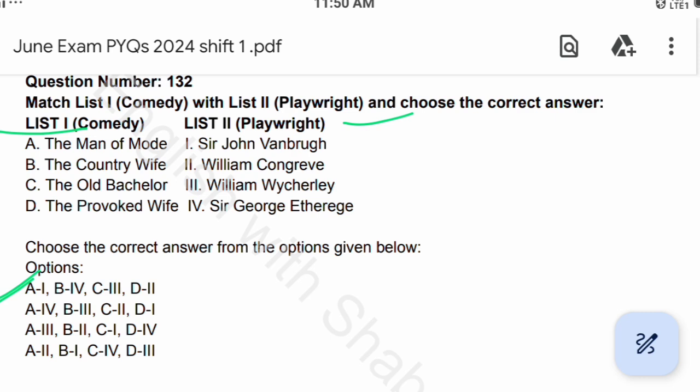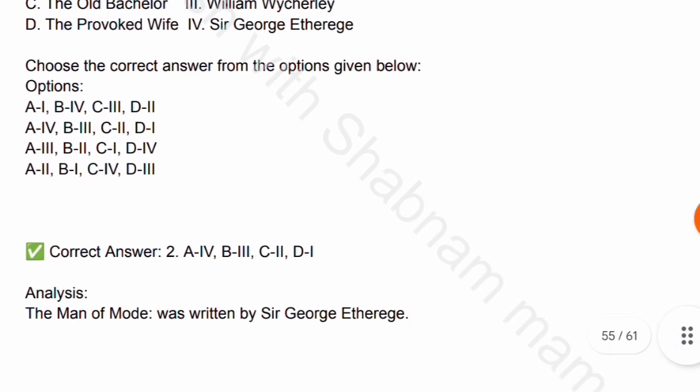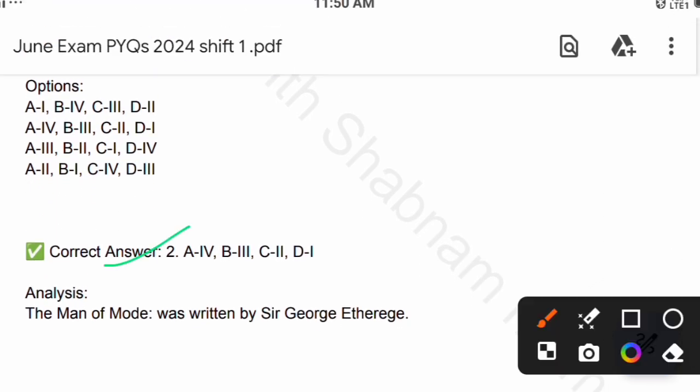So the correct answer of this question is option 2: A fourth, B third, C second, and D first.